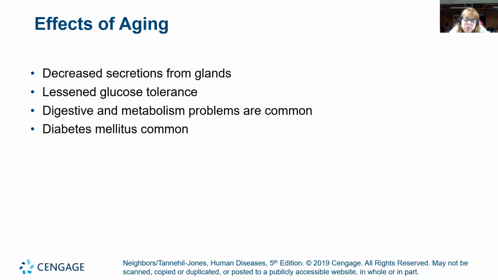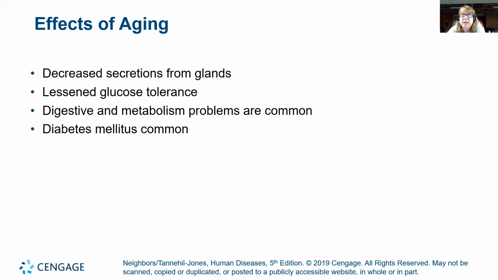So you're a little more susceptible to hyperglycemia and hypoglycemia, okay? We have digestive and metabolic problems, okay? So if someone's not eating enough, they are not getting enough carbohydrates to fuel their system, that causes a glucose problem. Or they're sedentary and not active, so they are hyperglycemic, and that can cause diabetes mellitus.